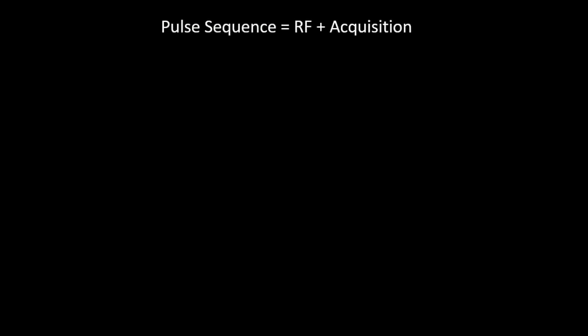So let's get started. What am I talking about when I say pulse sequence? Well, an MRI sequence is basically a sequence of events that happens inside the MRI machine that gives you your image. So each pulse sequence consists of two basic components. First, your radio frequency component, and second, your acquisition phase. What am I talking about?